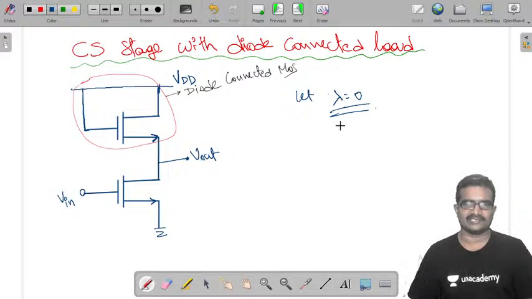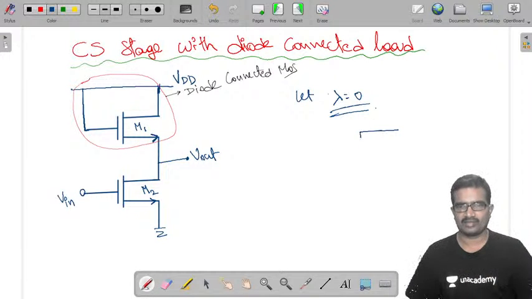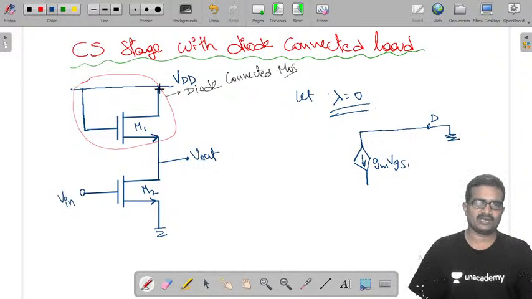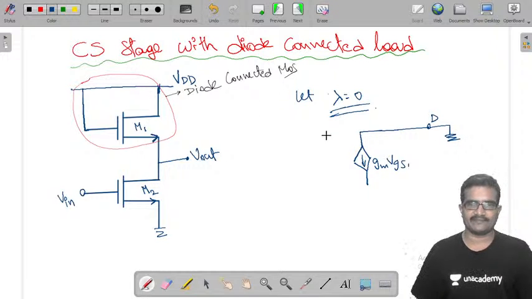Let us take this as M1 and this as M2. Here is gm VGS1, connected to the drain, and the drain is connected to ground because it is connected to VDD.